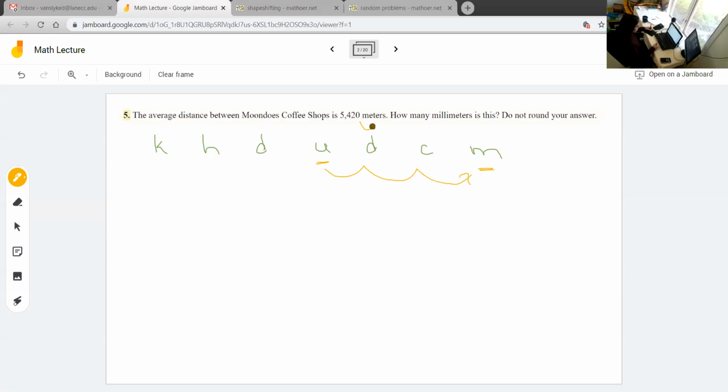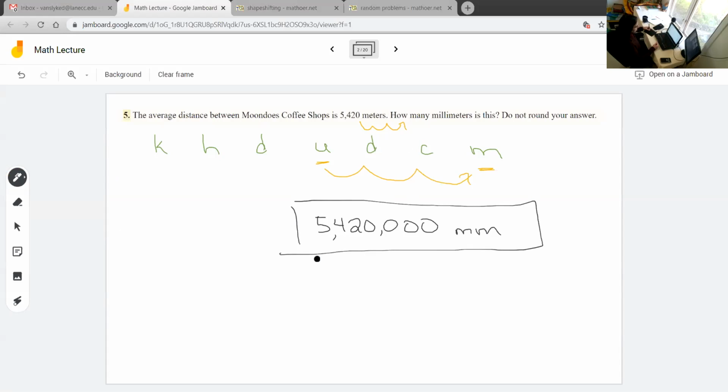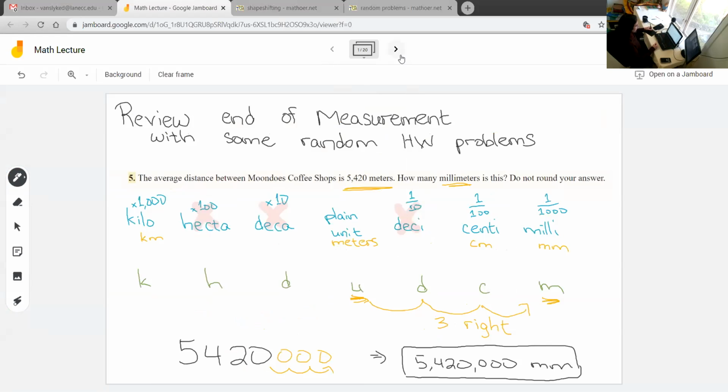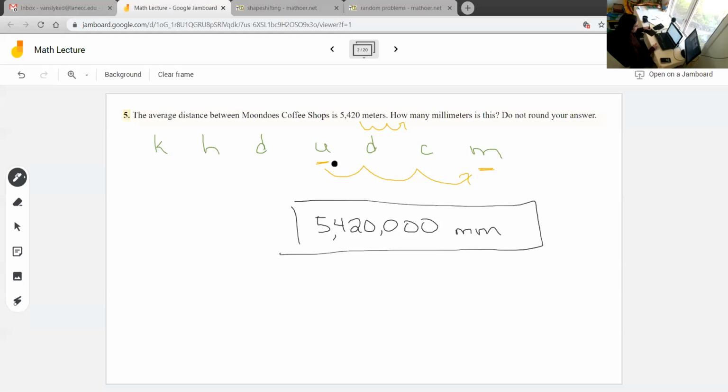So here we will do the same, 1, 2, 3, and that gives us the 5, 4, 2, 0 that we had before, with the 3 other zeros after it. And I label my answer, and I'm done. Okay, questions on either the everything in my brain write it out lecture version or the I'm doing homework version of this?